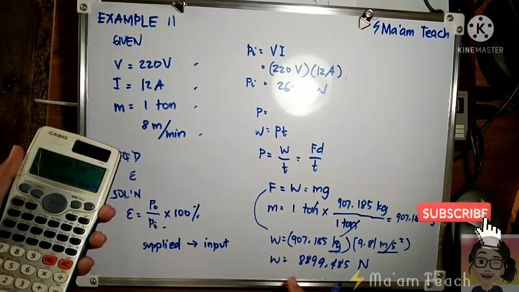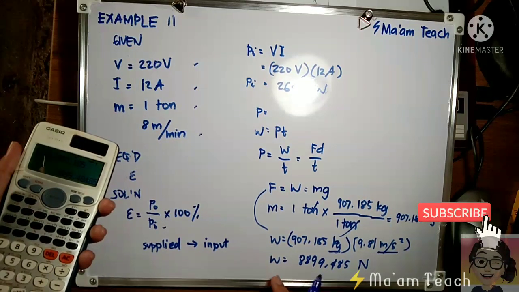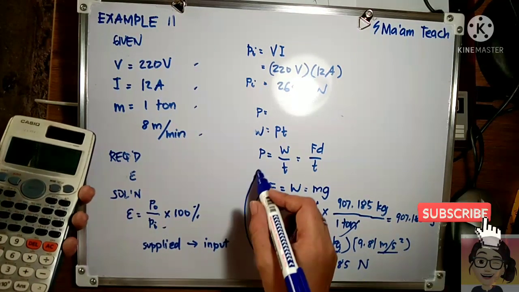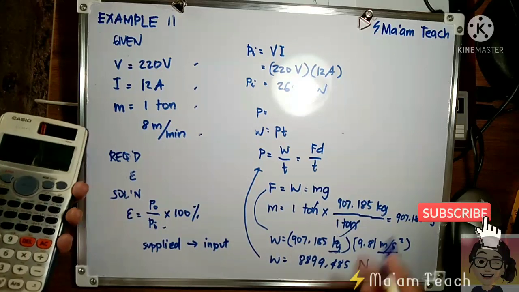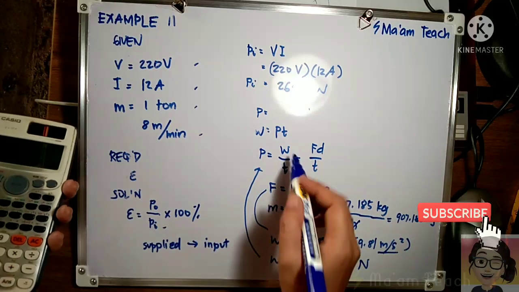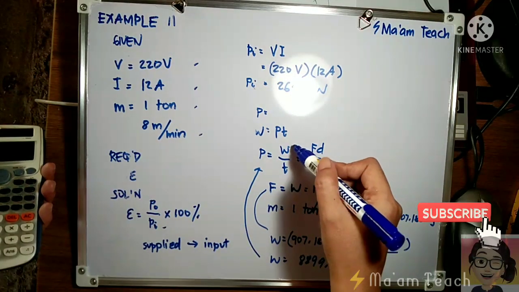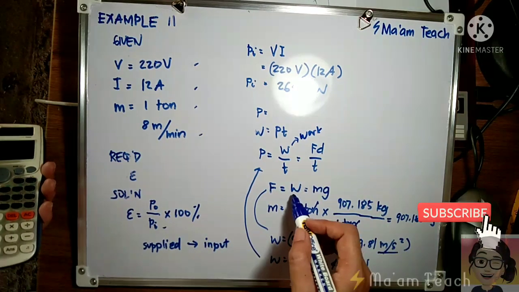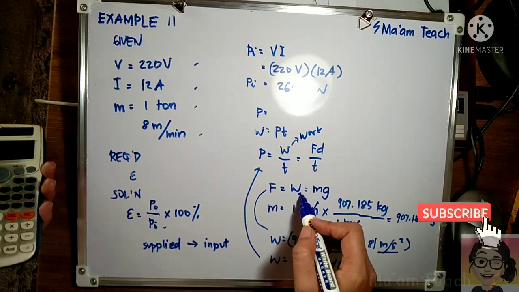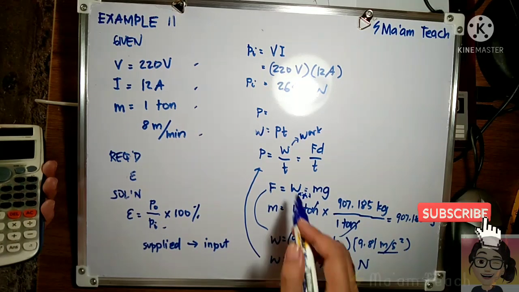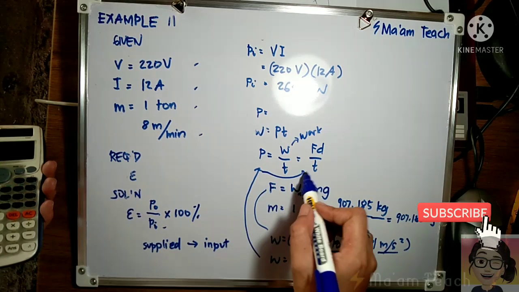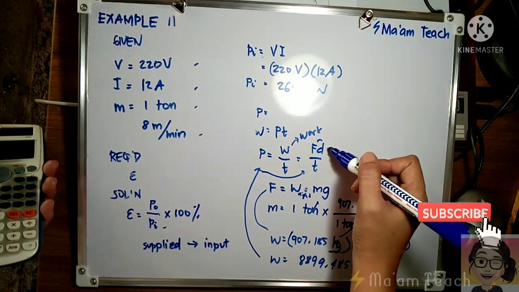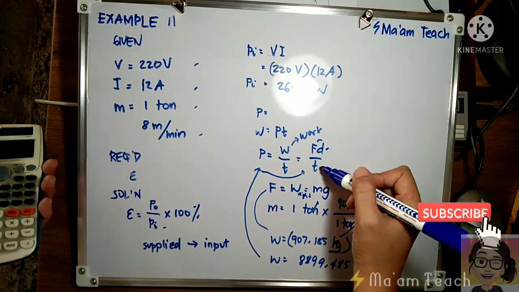But this is not our unknown. Our unknown is this output. So going back here, we will substitute. This is our weight, so we will substitute it here as our force. Now take note, class, where will we get this distance over time?